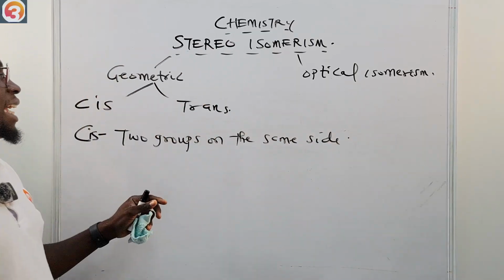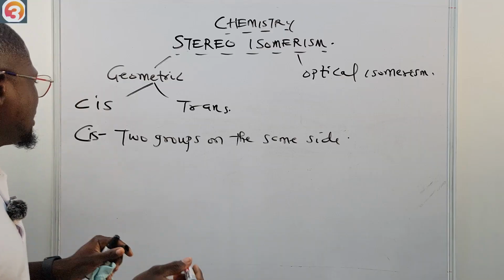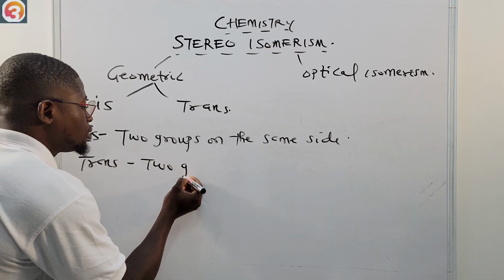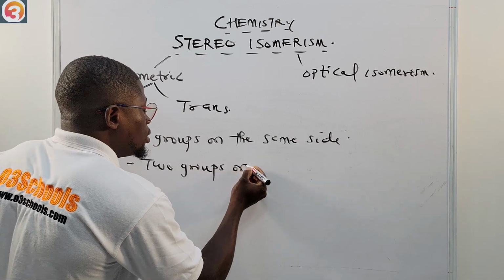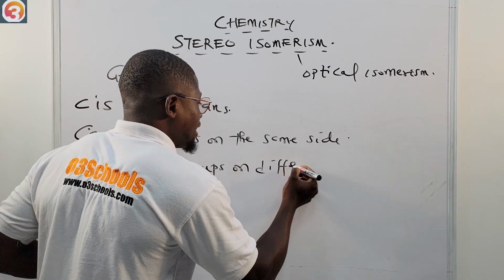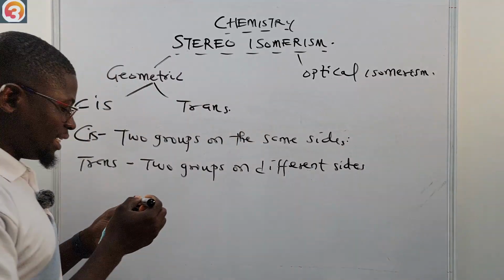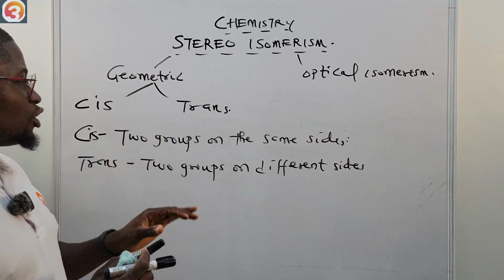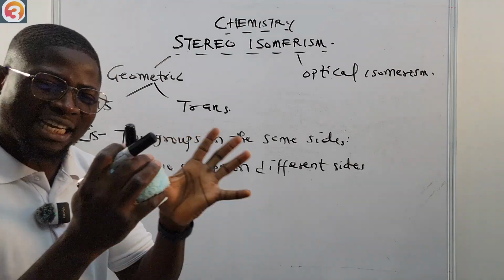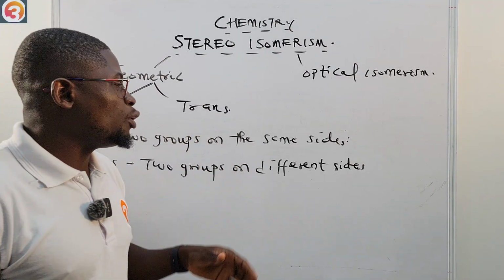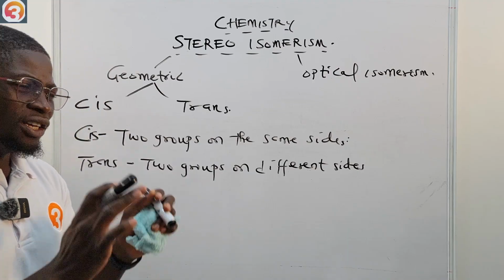Cis geometric isomers have two groups on the same side, while trans geometric isomers have two groups on different sides.